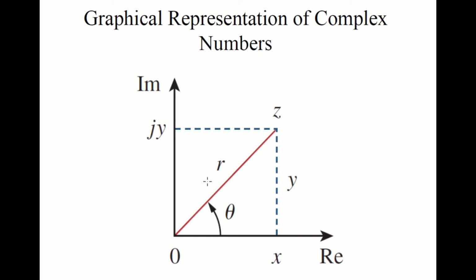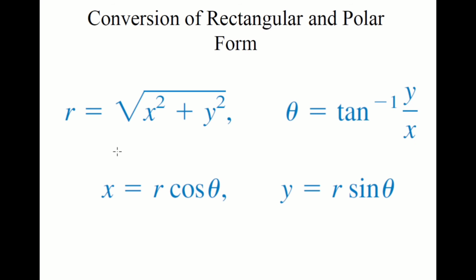If you want to get r from the rectangular form, we can get it using y and x. To convert the rectangular form to polar form, you can use this formula.